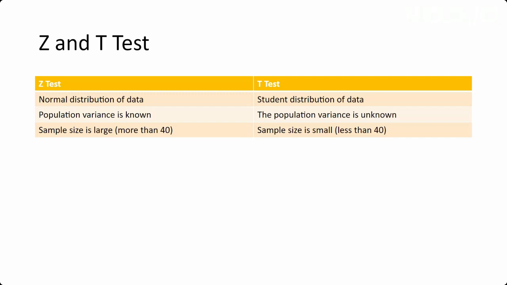It depends on how accurate you want your results to be, but usually it's more than 40. Whereas for the t-test, the sample size is very small, less than 40 or less than 30, depending on the requirements of where you are doing the research and your statistics.